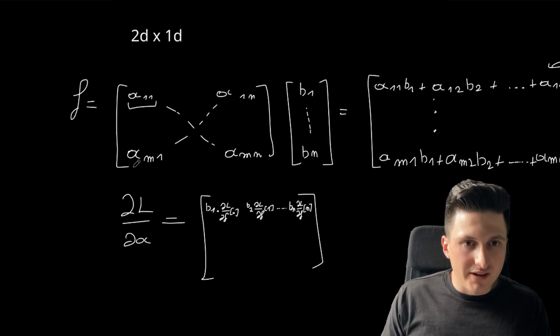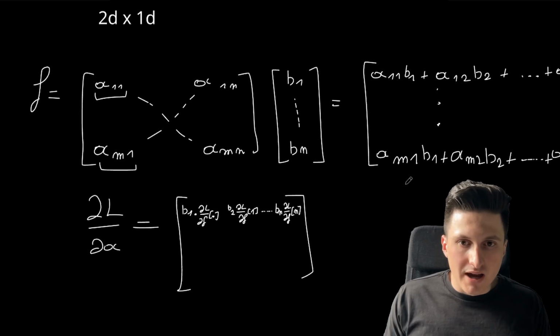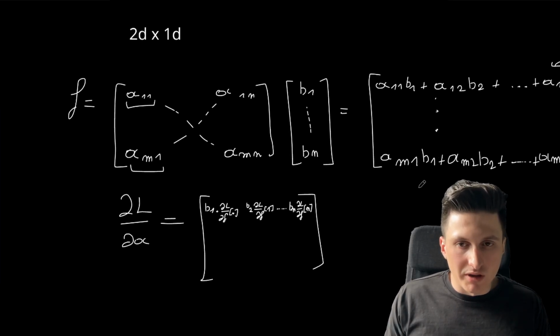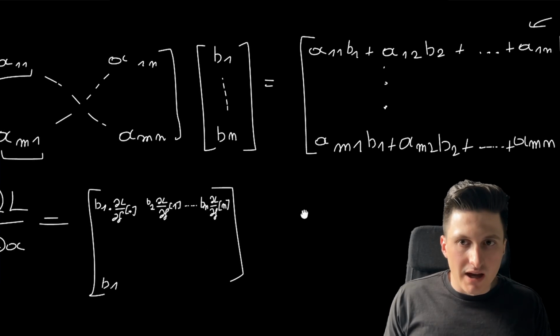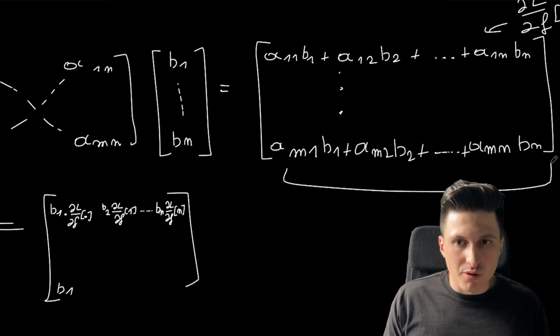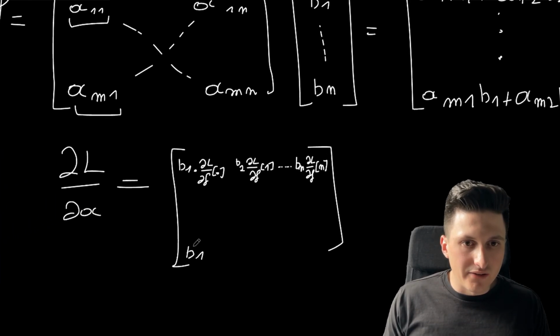And here, for this element, for example, we can see it gets used to construct this last element, and we are once again multiplying it with bn. So this will once again be bn, and the only thing that changes is that we are propagating the last element of the output gradients.